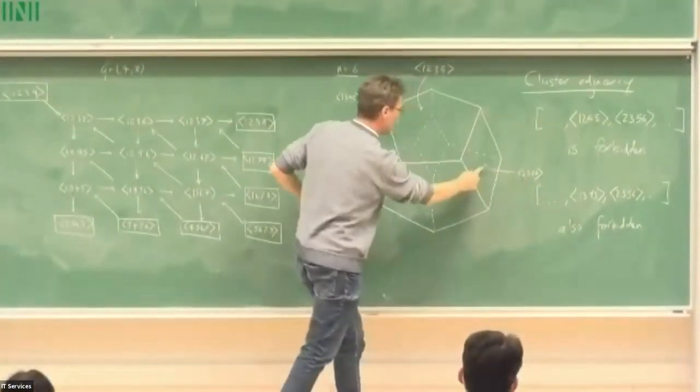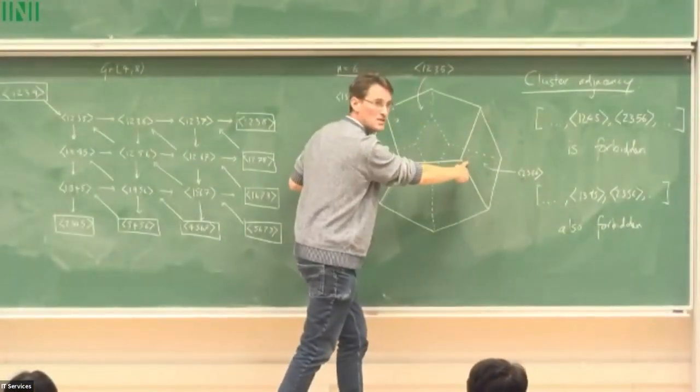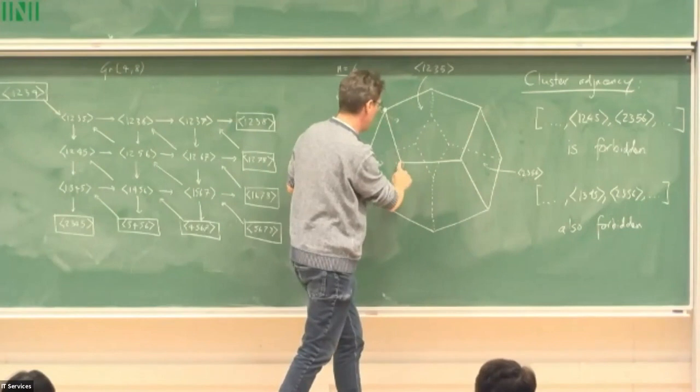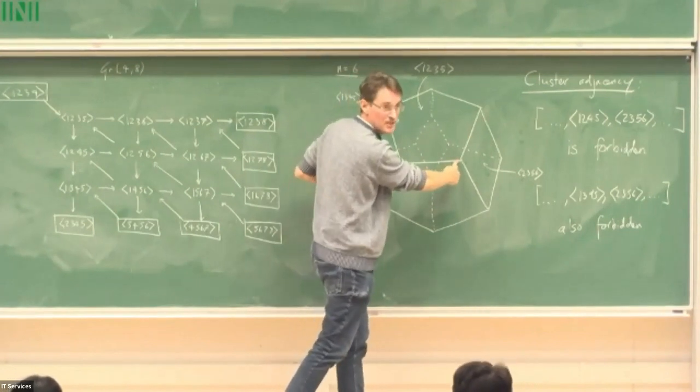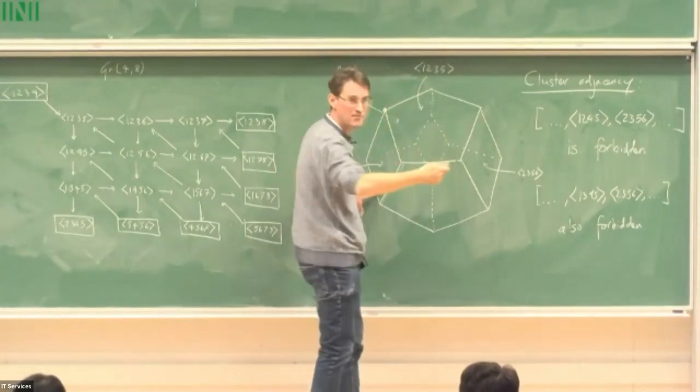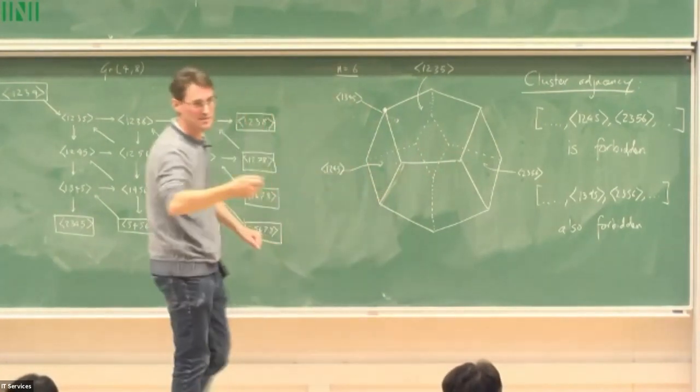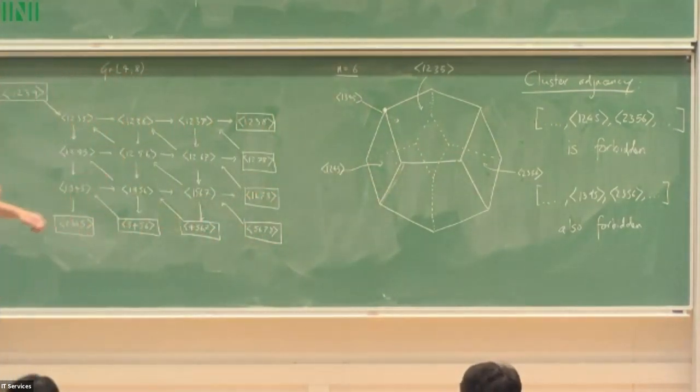These variables label these square faces on this polytope, and they're connected by an edge, which is the exchange relation. So they're one step. In fact, in GR2n, everything is either in the same cluster or one step away. Absolutely. That's correct.